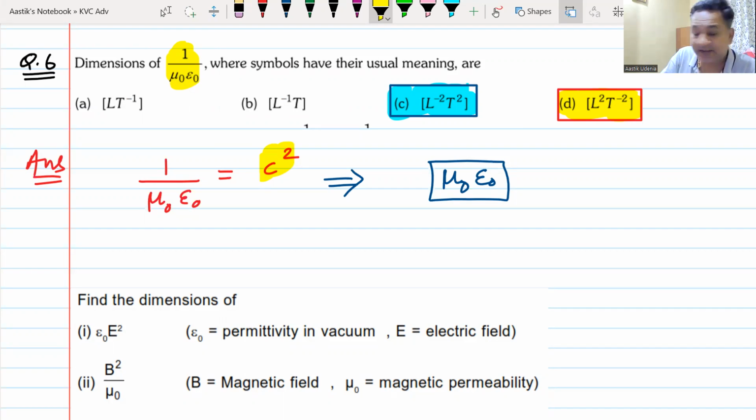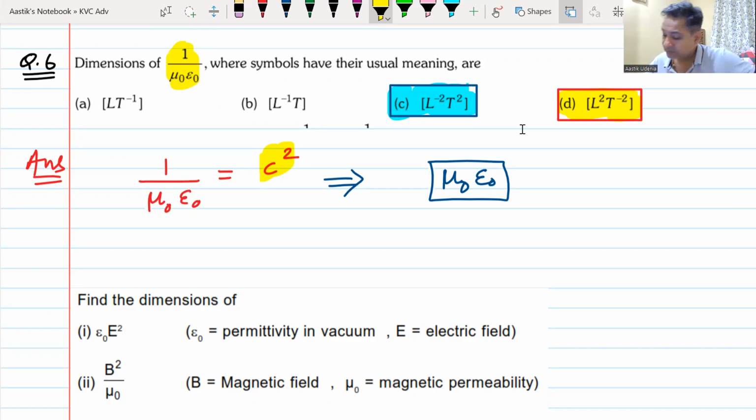Then these are the dimensions that you will write in your book and remember. Epsilon naught into E square, do you know what this is? E square by 2 mu naught. 1 by root over LC.